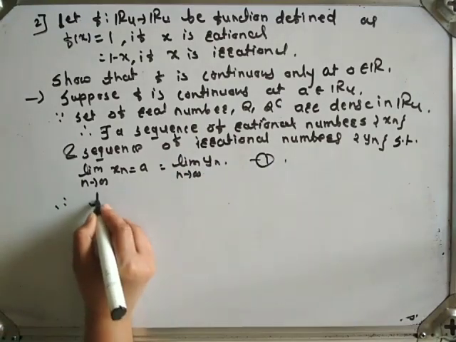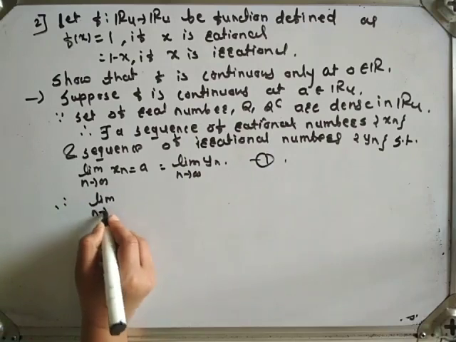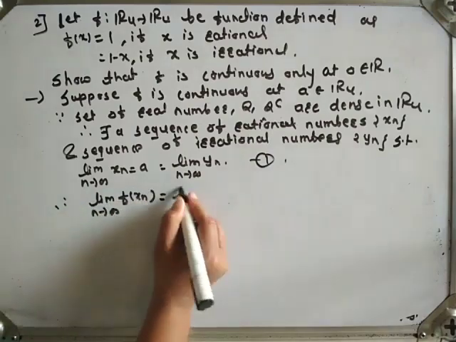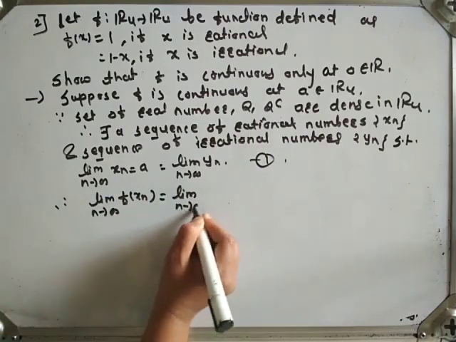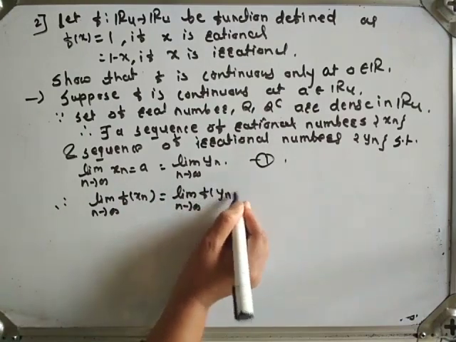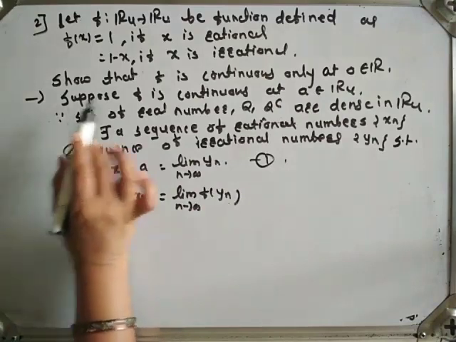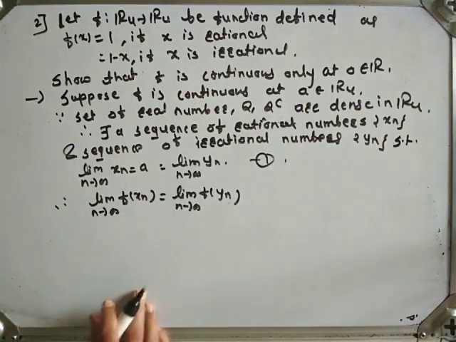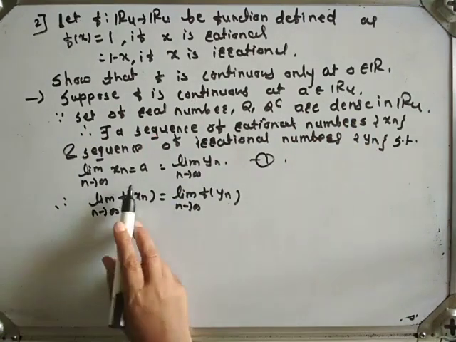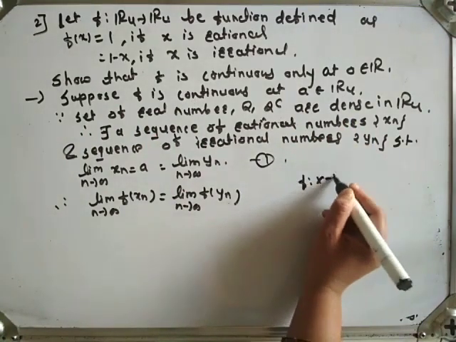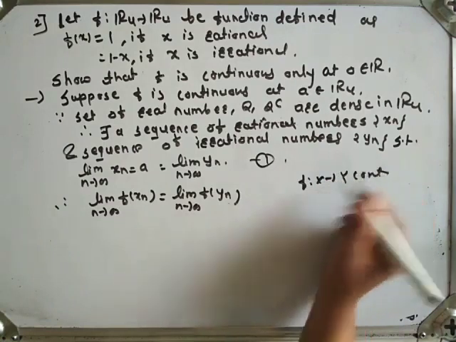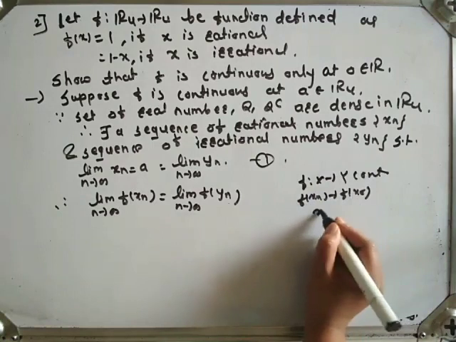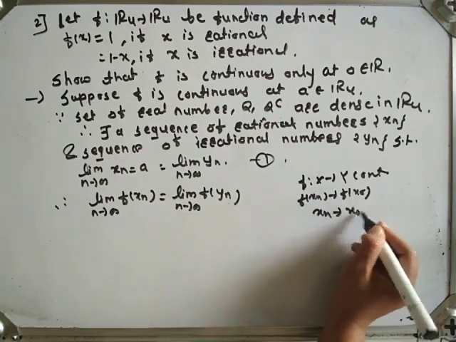Therefore, limit n tends to infinity f of xn is equal to limit n tends to infinity f of yn. Here our assumption is that f is continuous at a belongs to R. Therefore, by the theorem, if f from X to Y is continuous, then f of xn converges to f of x0 whenever xn converges to x0.